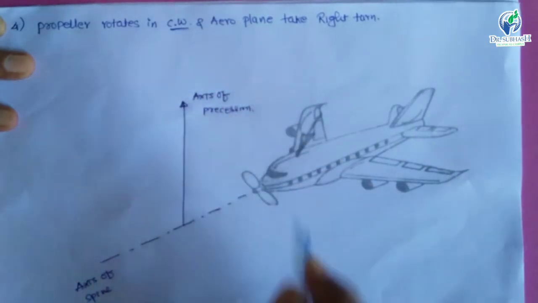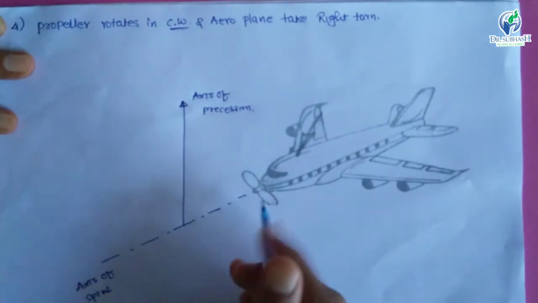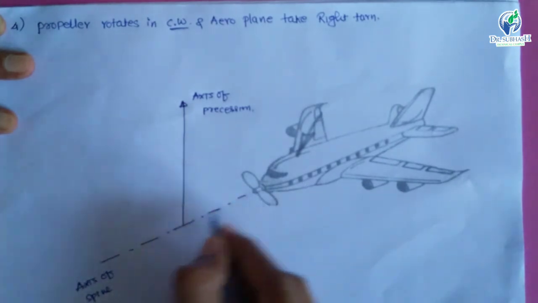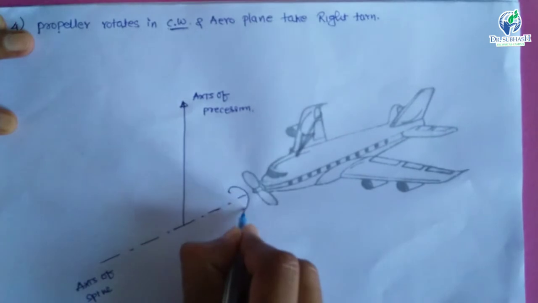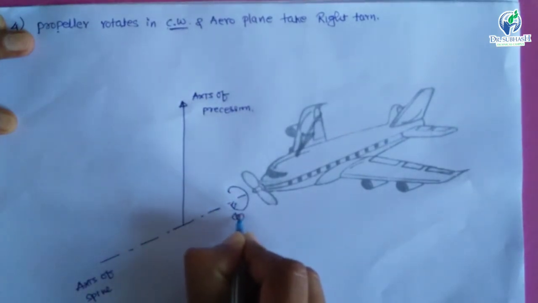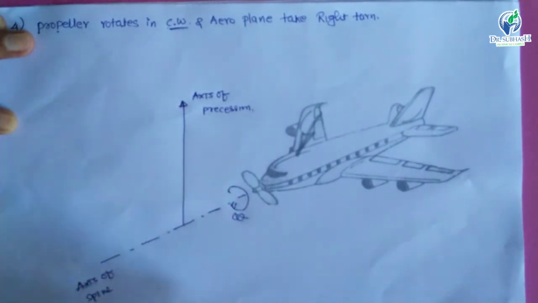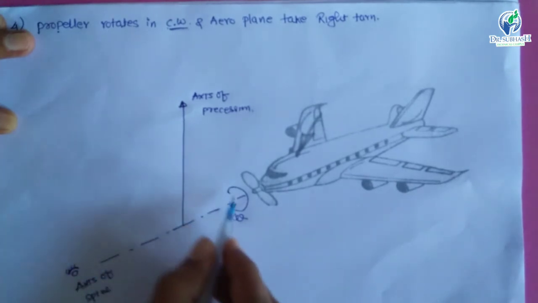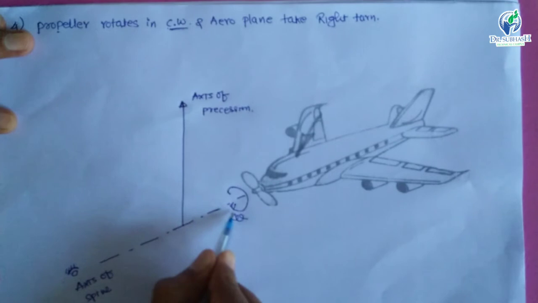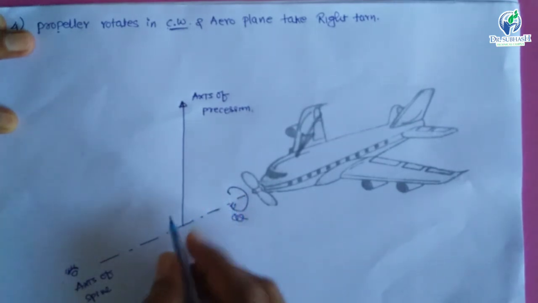Now propeller rotates in clockwise direction with omega angular speed when we see from the front end. So we are observing the nose of aeroplane from this end, and we see that our rotor is rotating in clockwise direction.